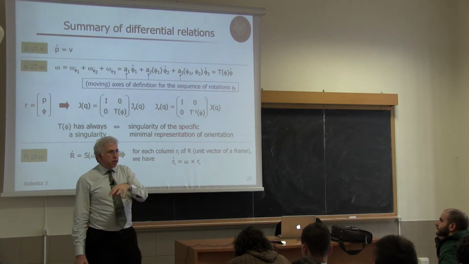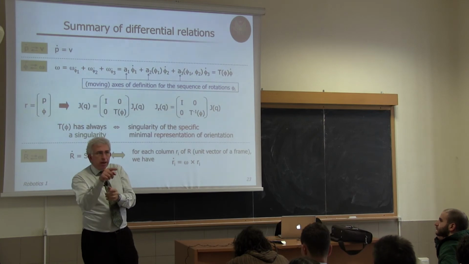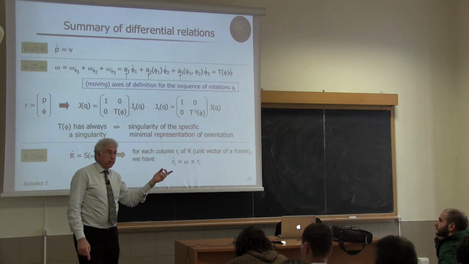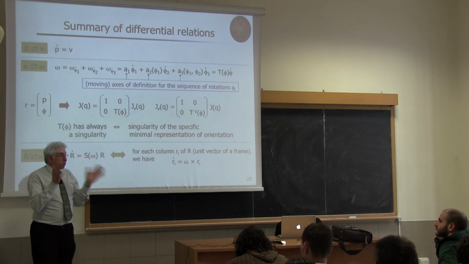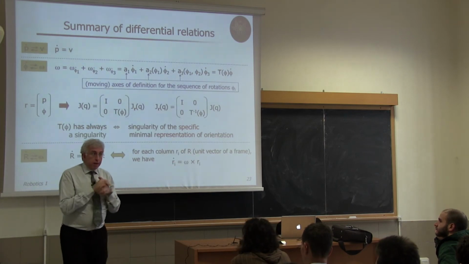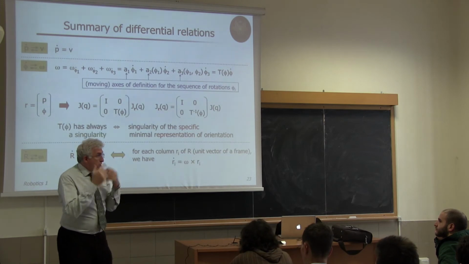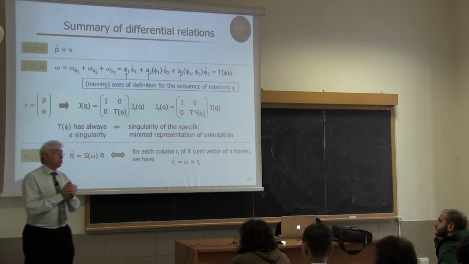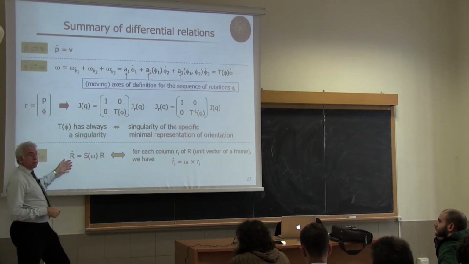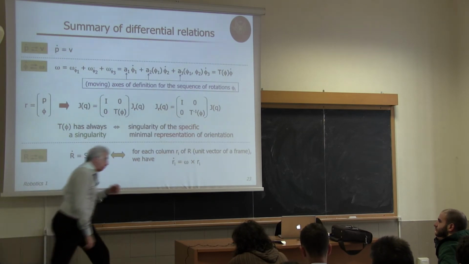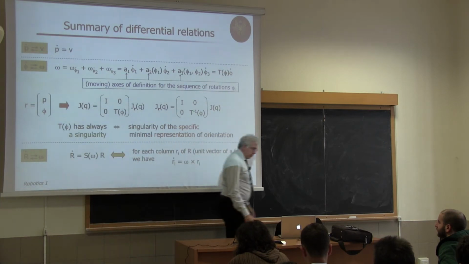If I choose another representation, I may not have those singularities. I will always have singularities, but they may occur, for instance, out of the joint range of my manipulator. So choosing the right representation may also be a matter of convenience. And then we have also computed this relation between the time derivative of r and omega.